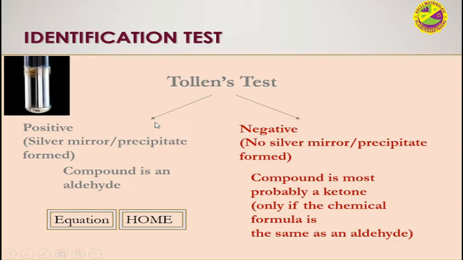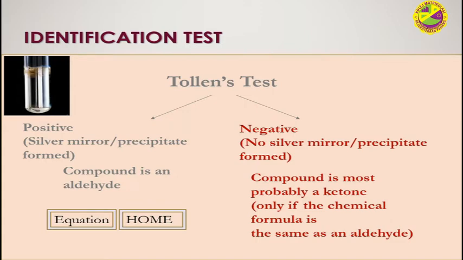The second test is Tollens' test. If Tollens' test is positive, we will see silver mirror or precipitate form as shown in the picture. The compound is an aldehyde. But if the Tollens' test is negative, there is no silver mirror or precipitate form.